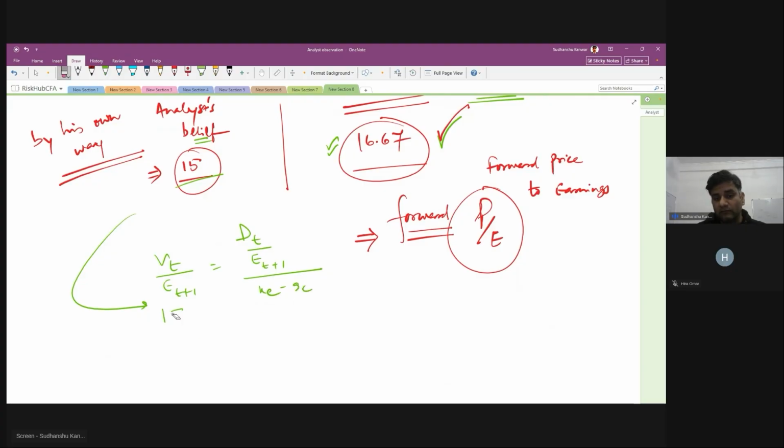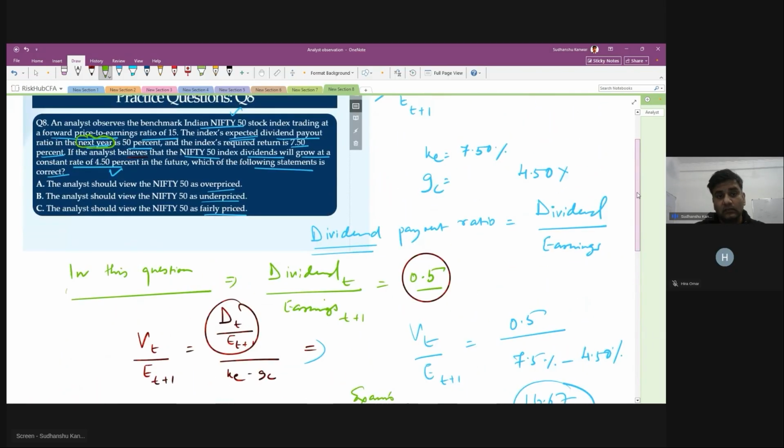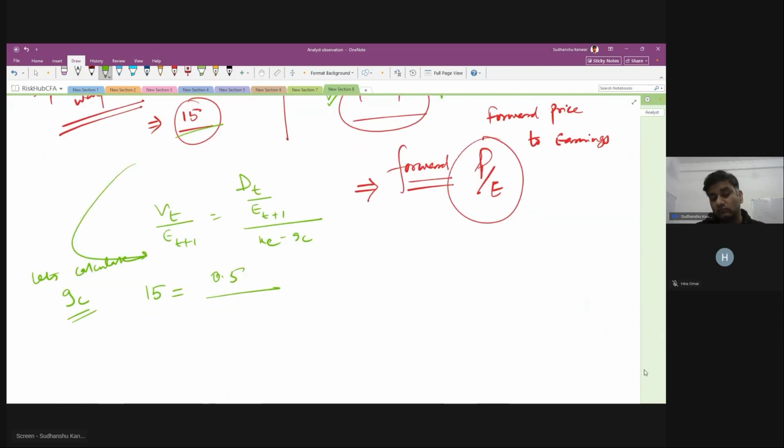So what I'm doing is that I'll say, okay, let's see what the analyst is saying. The analyst is saying that this is 0.5. I'm putting the same value. Let's calculate g, the growth part, using the analyst's forward price to earnings.